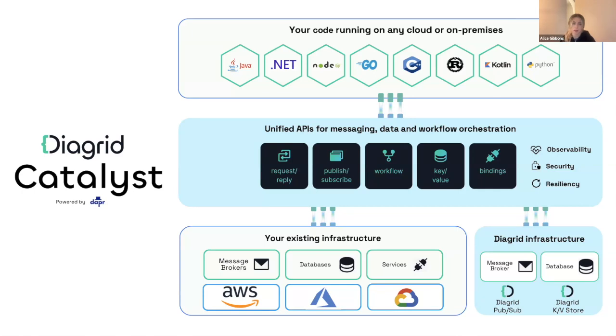Or we're also providing a managed message broker and database for you to use to get up and running with Catalyst really quickly or offload your infrastructure management to Diagrid. And these are all powered by open source Dapr. We are completely compliant with the open source Dapr project, and these APIs follow the same specification as the open source Dapr spec does today.